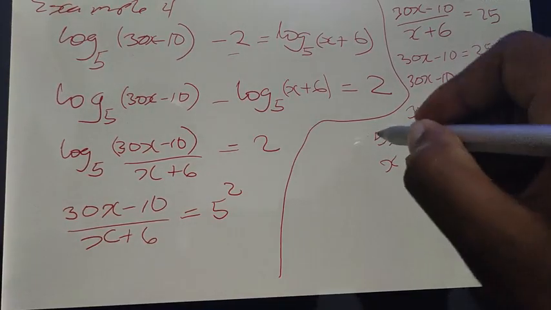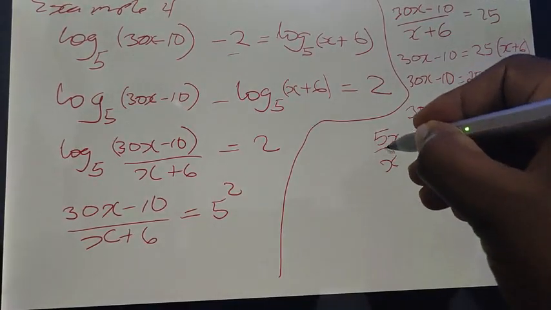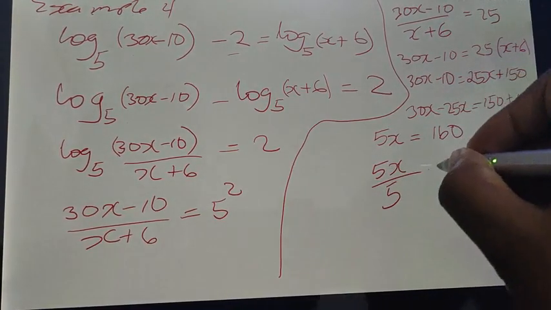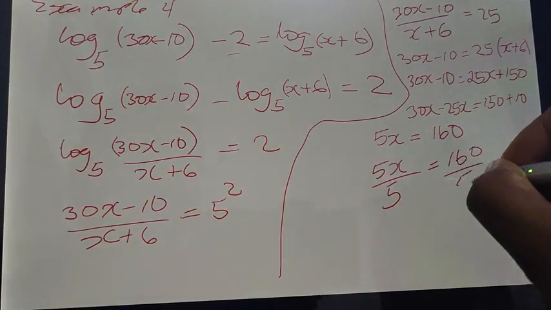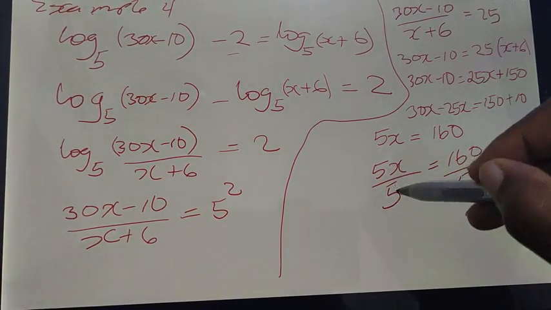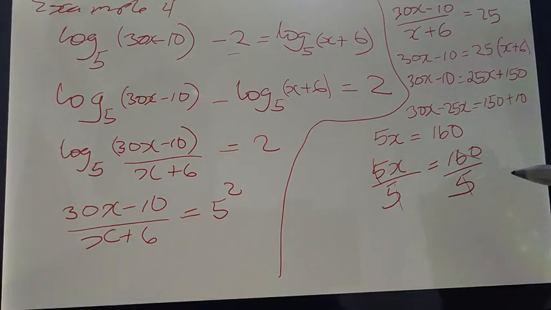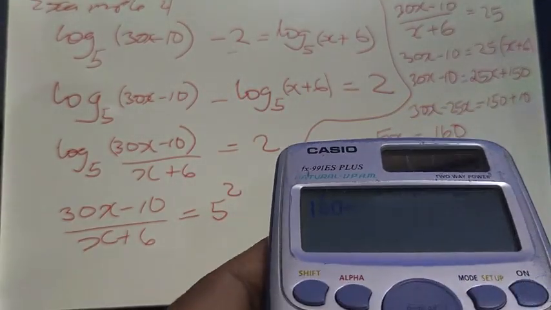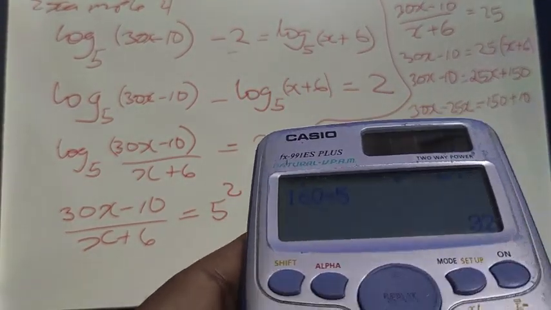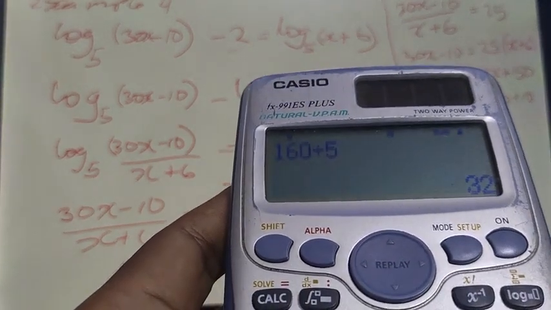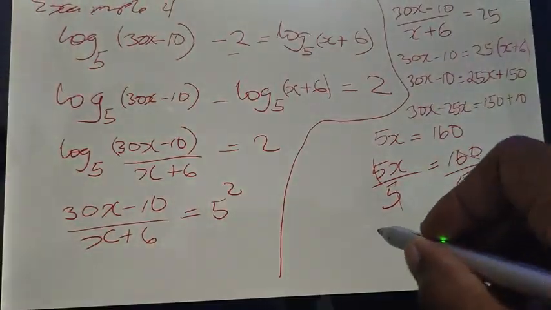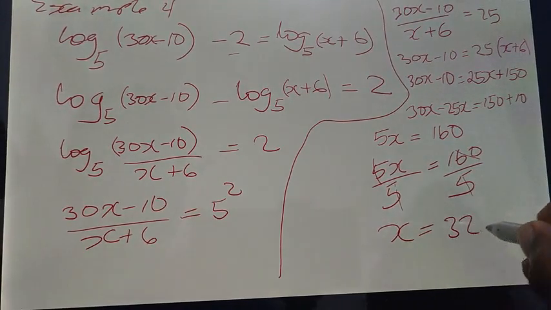So we are going to divide both sides by 5. 160 divided by 5 is 32. So x will be equal to 32.